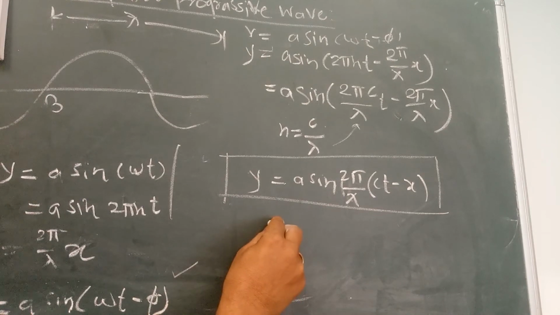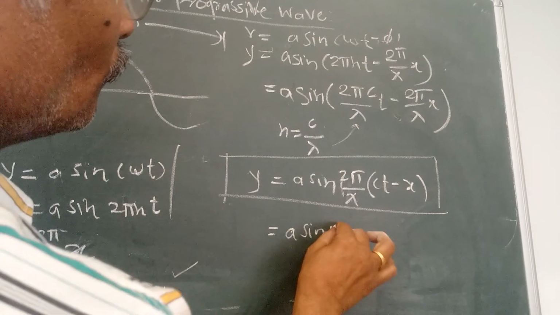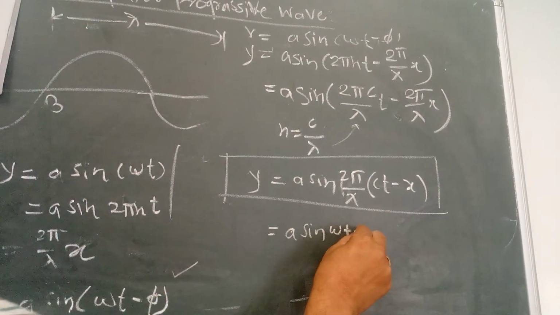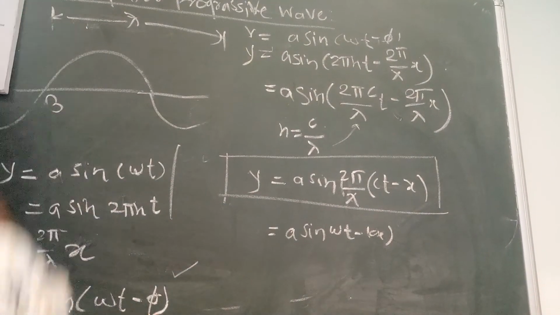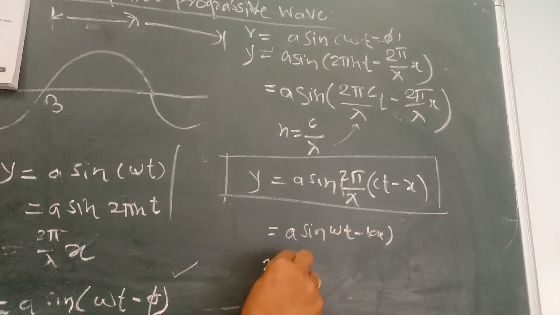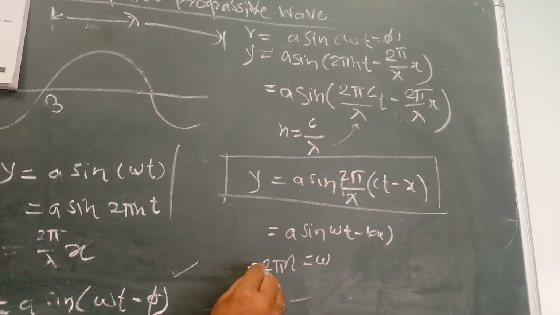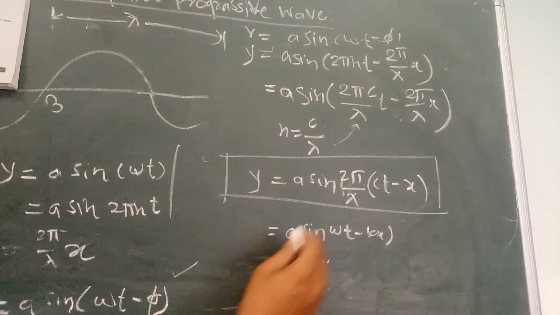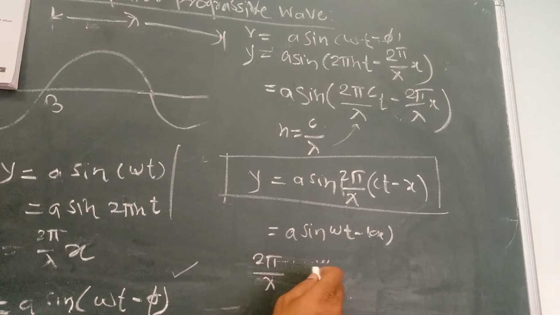I can write this as a sine of omega t minus kx, where 2 pi n equals omega, which is 2 pi upon lambda into c.